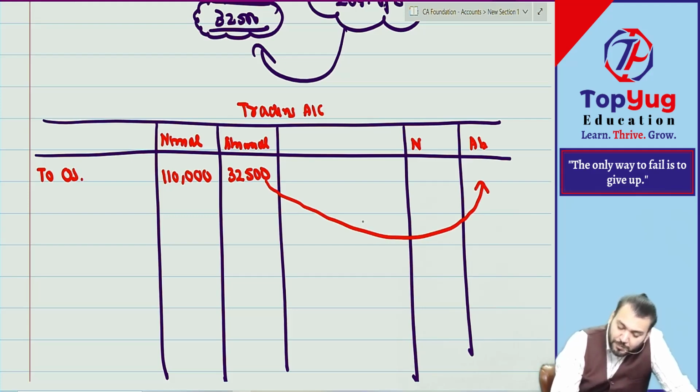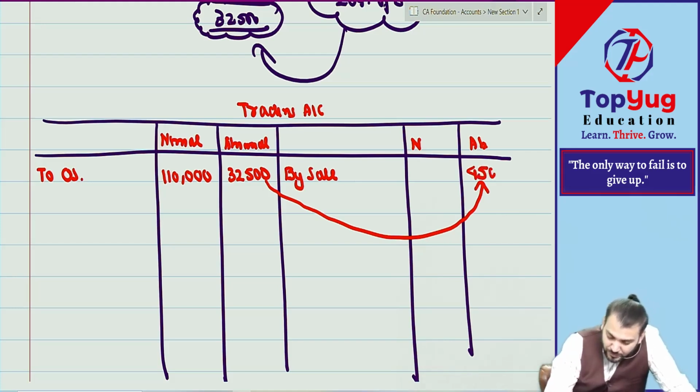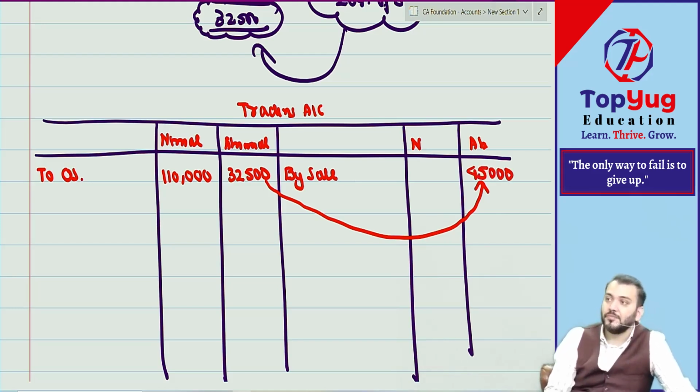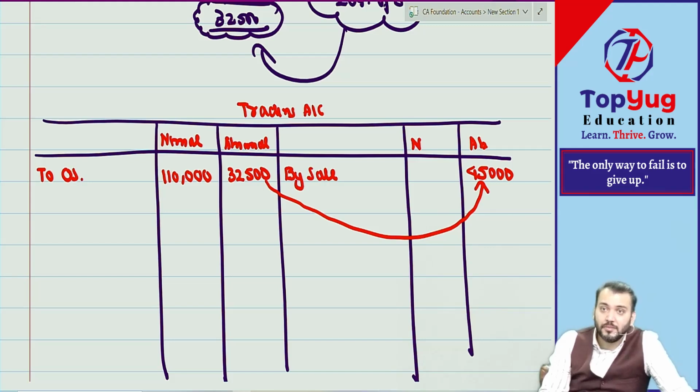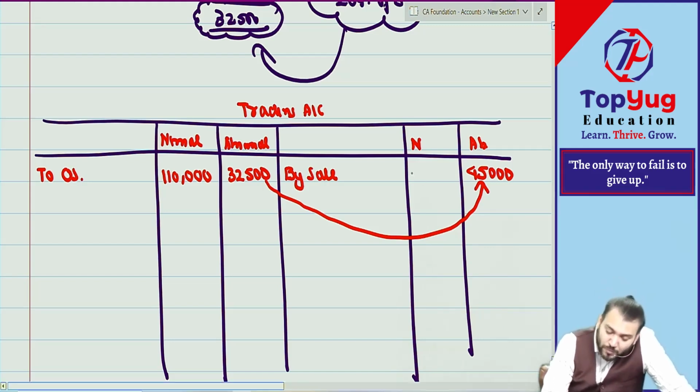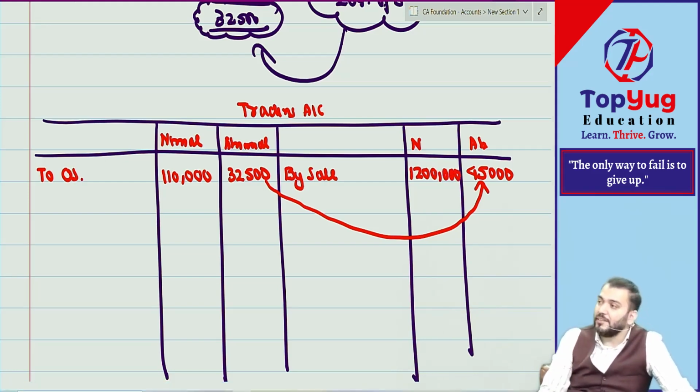This was sold at 45,000. Yes or no? Total sales is how much? So what is the sale of normal item? 12 lakh. Have you understood this point?